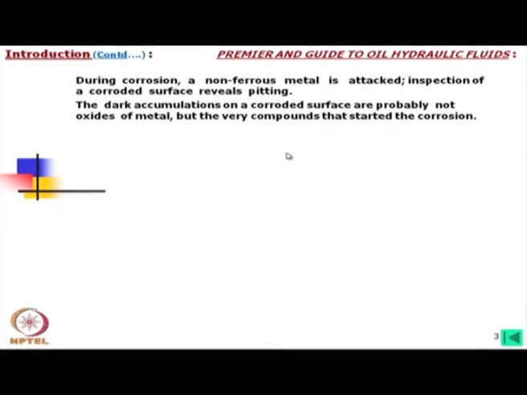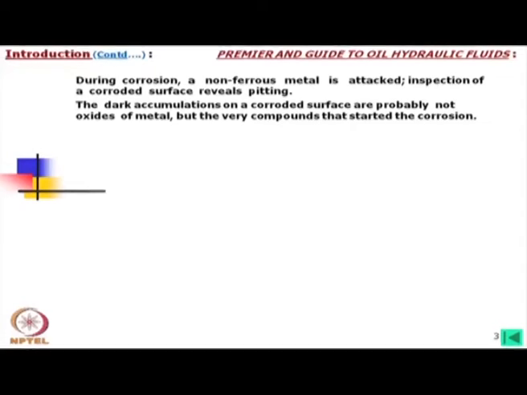The dark accumulations on a corroded surface are probably not oxides of the metal, but the very compounds that started the corrosion. On a pitted, corroded surface, you may find some dark debris.